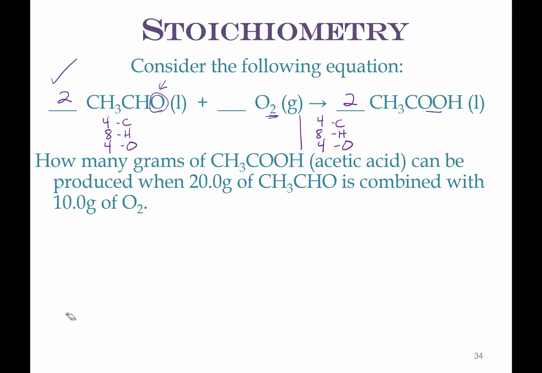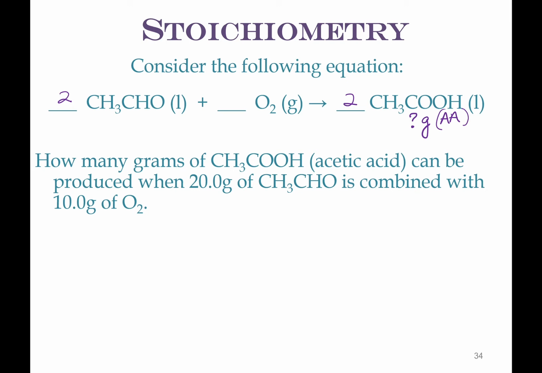So let's read the question and put down our information now that we have it balanced. How many grams of acetic acid? Now I might write acetic acid out because I'm going to run out of room on the screen.